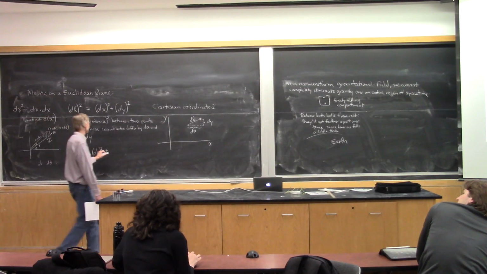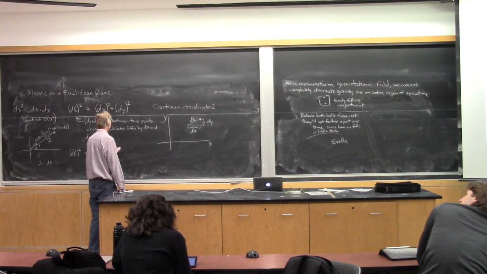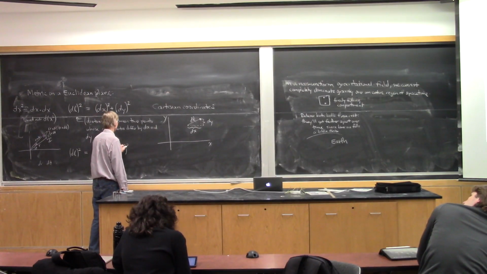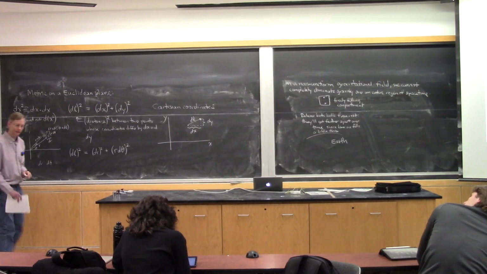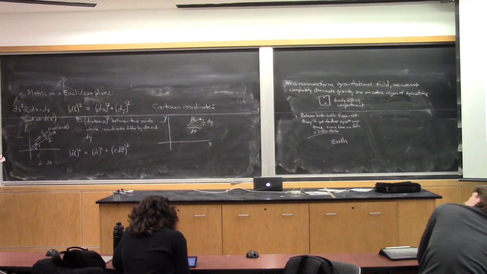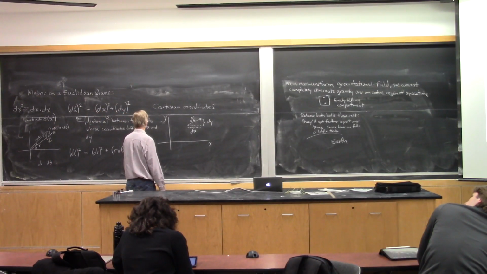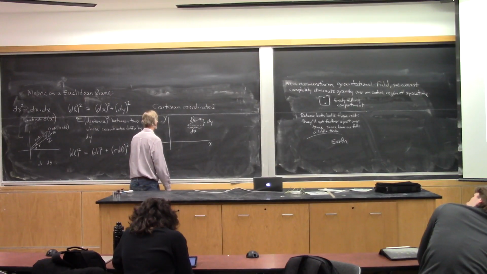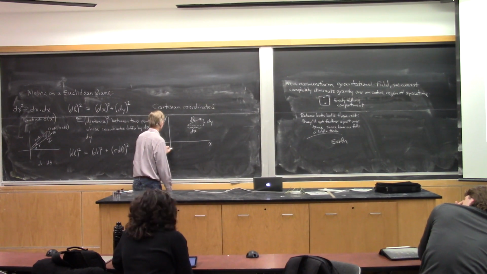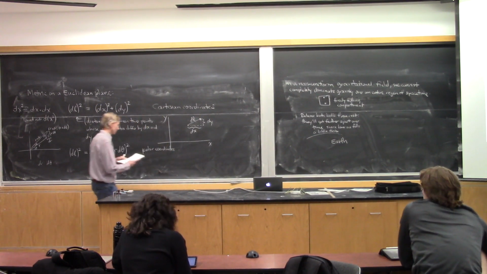So it's dr squared plus r dθ squared. This is the metric on the plane in polar coordinates.